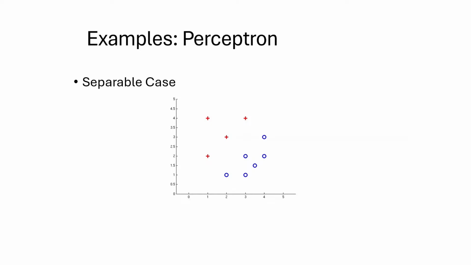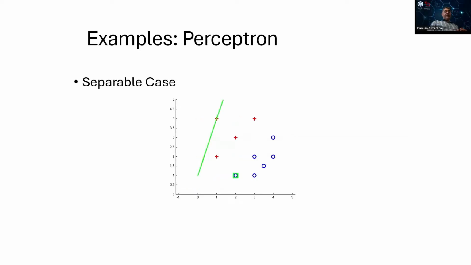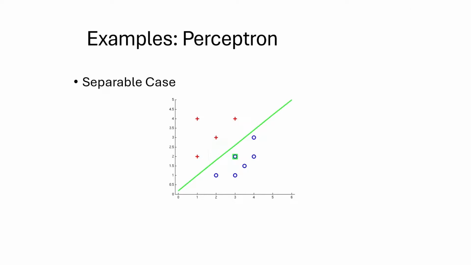For such a case, the designing of the linear function in the process may look like here on this couple of pictures. So after some iterations, during the iteration process, a linear function has been designed. Okay, now it has been designed.